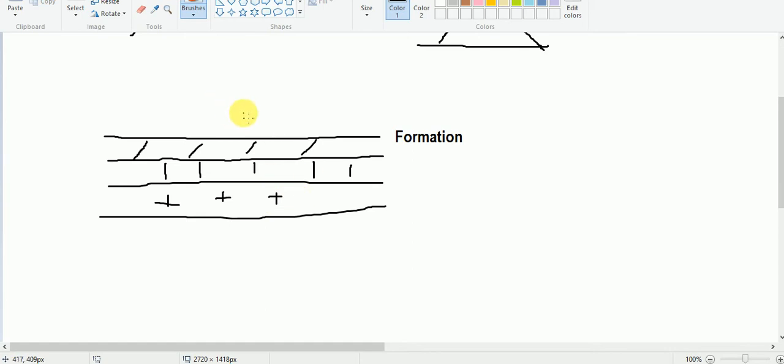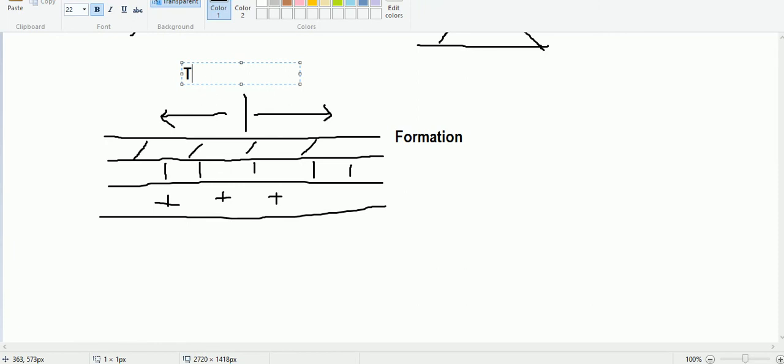And we have two types of forces. One is compressional and another one is tensional. For the tensional force, the two forces are moving away from a particular point. This is known as tensional force.